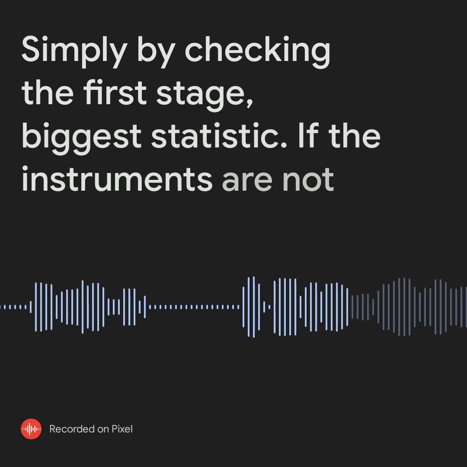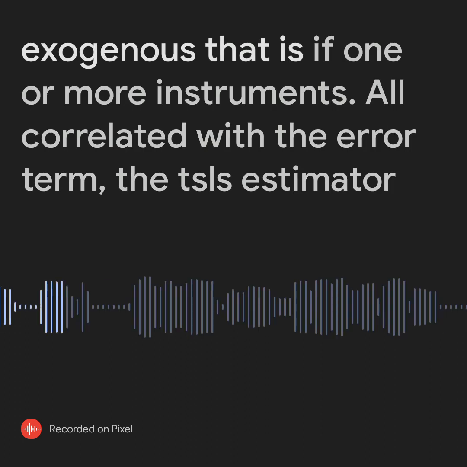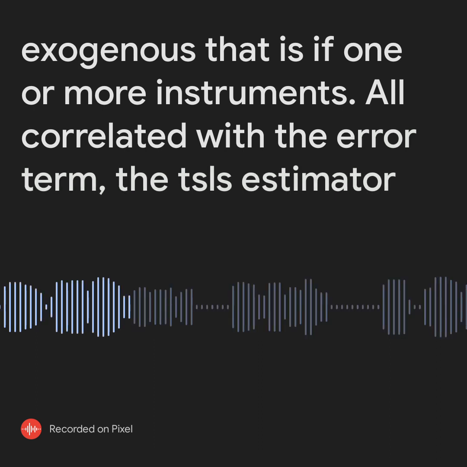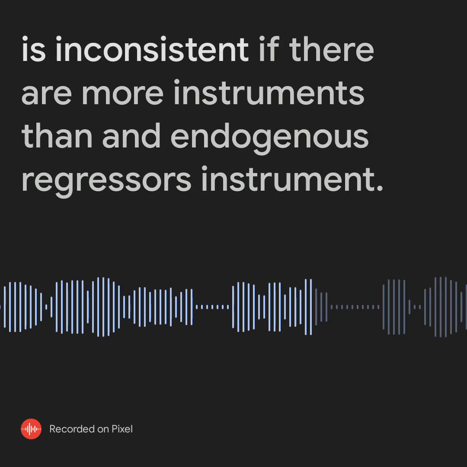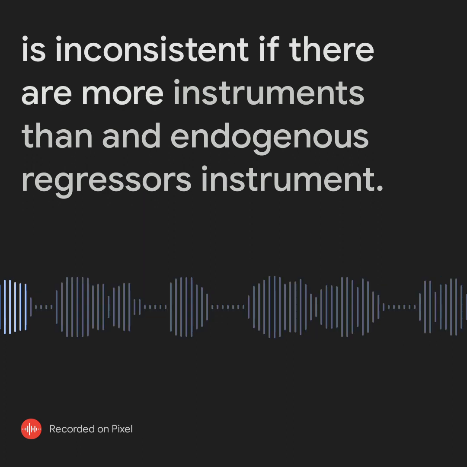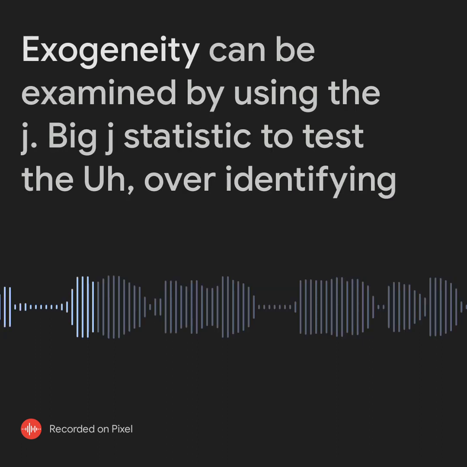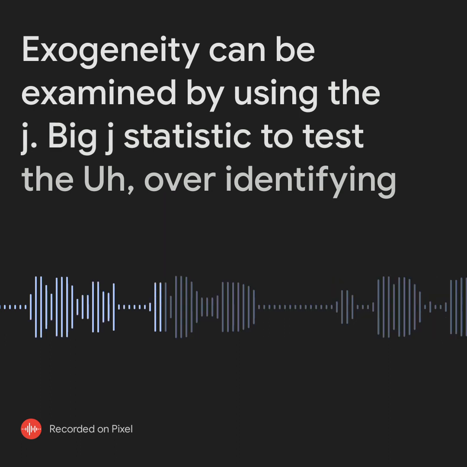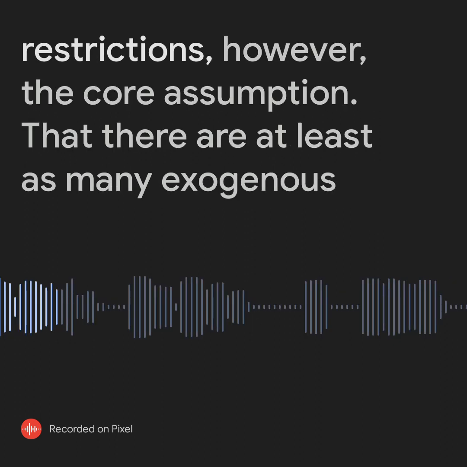If the instruments are not exogenous, that is, if one or more instruments are correlated with the error term, the TSLS estimator is inconsistent. If there are more instruments than endogenous regressors, instrument exogeneity can be examined by using the J statistic to test the over-identifying restrictions.